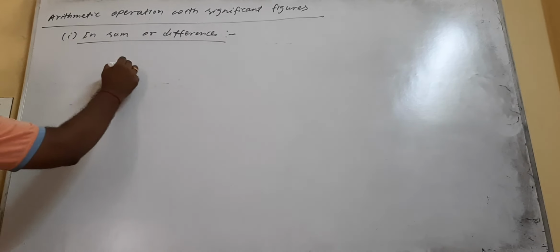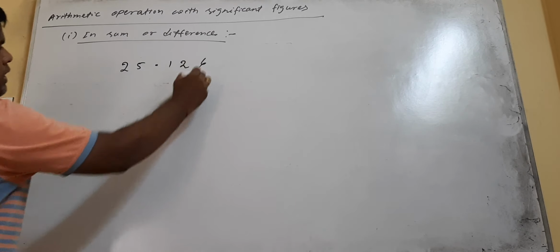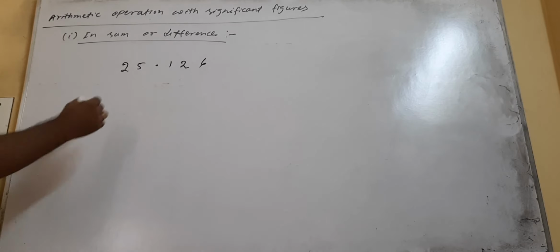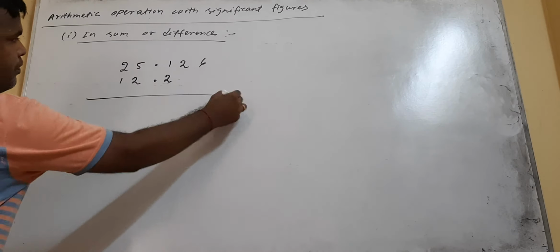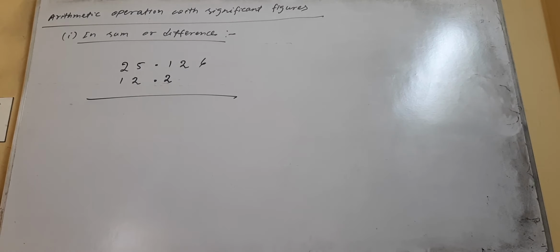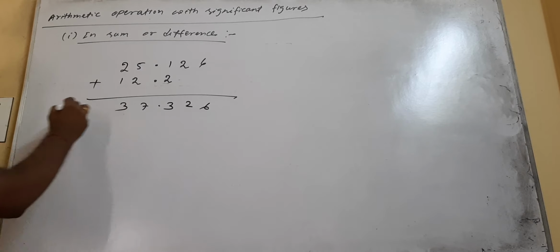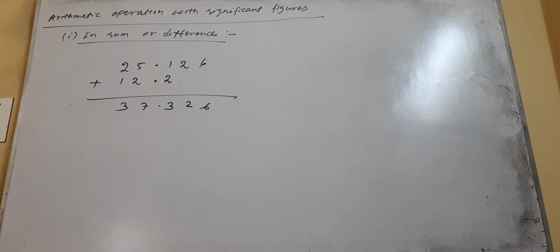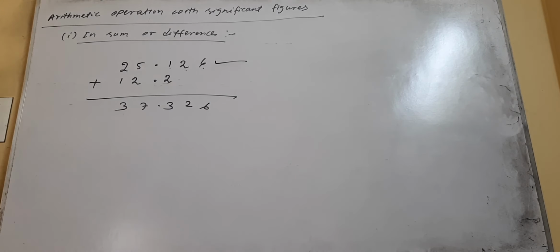For example, 25.126 and 12.2. You add these two. What will be your result? 37.326. Here you see there are 3 decimal places and here 1 decimal place. How many decimal places will be there in the result?